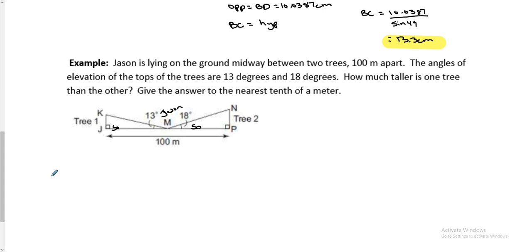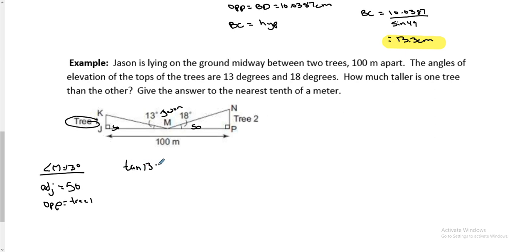So we can redraw these triangles if we wanted, but we're trying to find tree 1. So if angle M is equal to 13 degrees, what do I have here? I have my adjacent, that is equal to 50, and I need to find my opposite, which is tree 1. Adjacent, opposite, I'm going to use tangent.